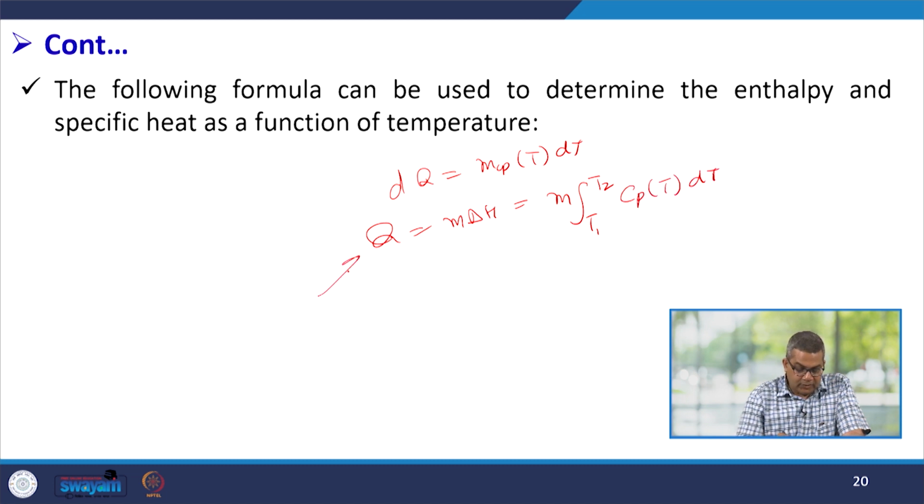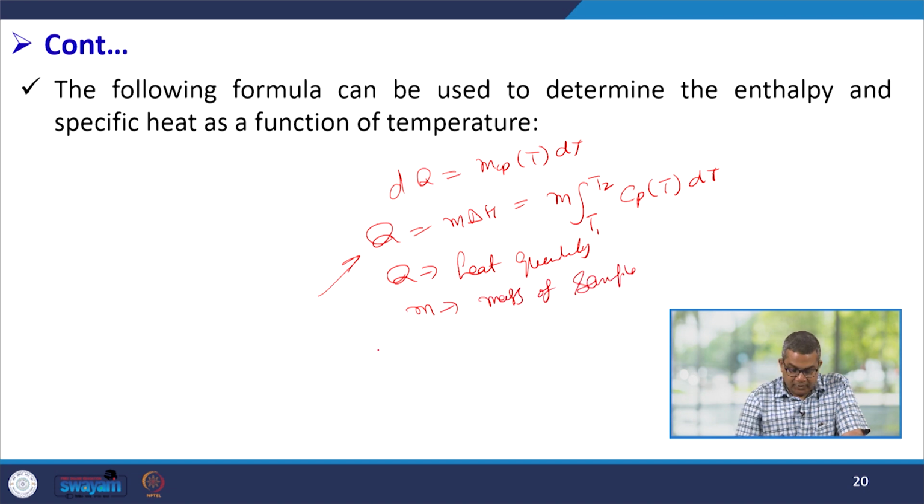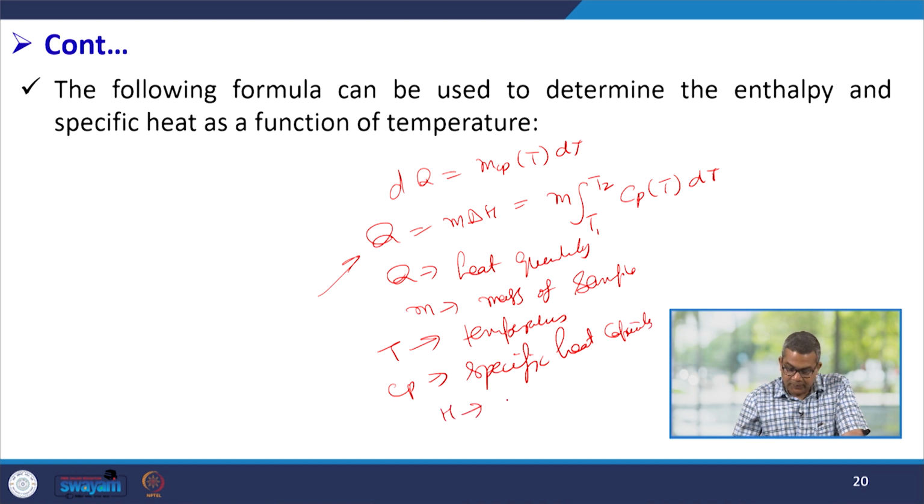Now, here Q is the heat quantity, m is the mass of sample, T is the temperature, Cp is the specific heat capacity, and H is the enthalpy.